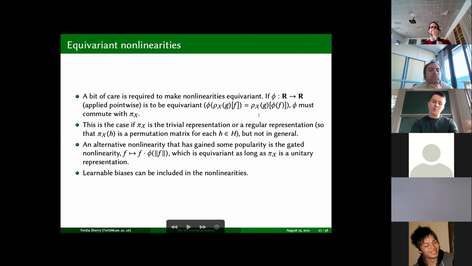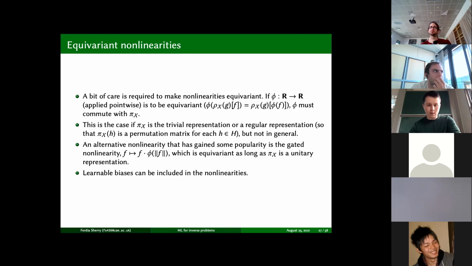And if you put some constraints on your representation, you can also basically use any normal activation function, just a scalar activation function, and you'd be okay. And yeah, I've left the bias behind, but you can include this bias inside your nonlinearity if you want.